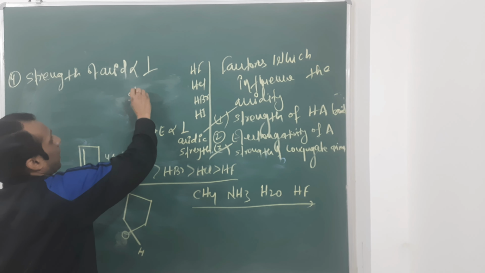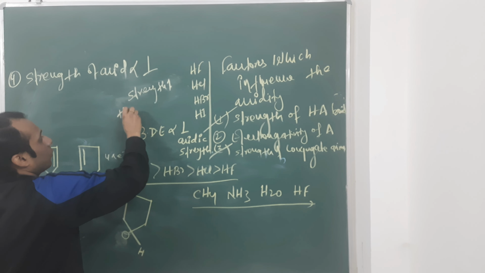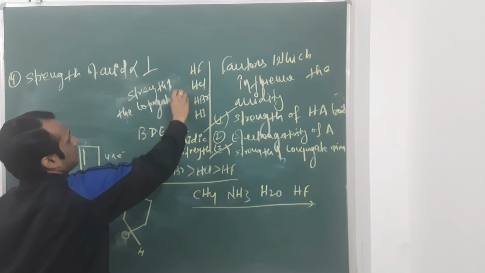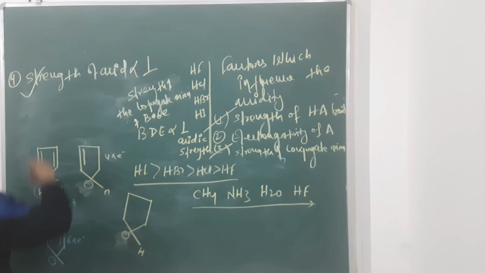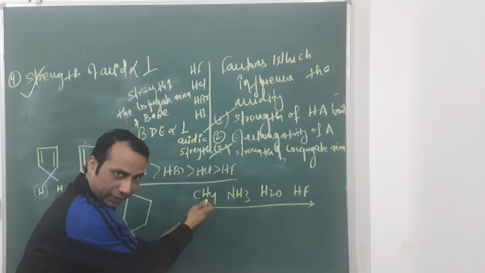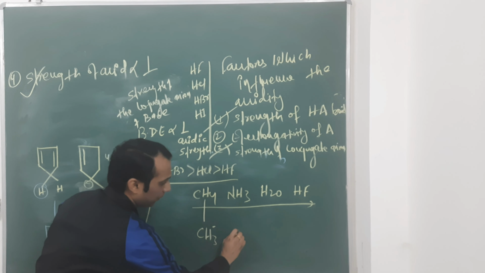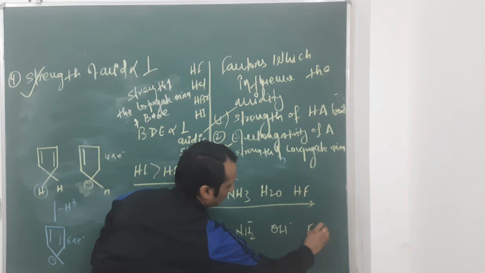The strength of the acid is inversely proportional to the strength of the conjugate anions of the base. If it is a stronger acid, its conjugate is a weak base. So we have CH3 negative, NH2 negative, OH negative, and F negative.